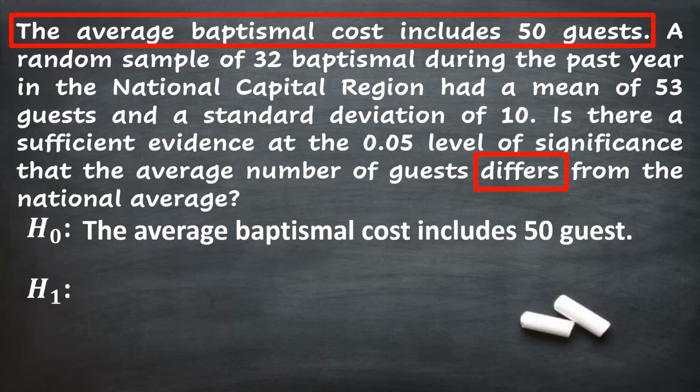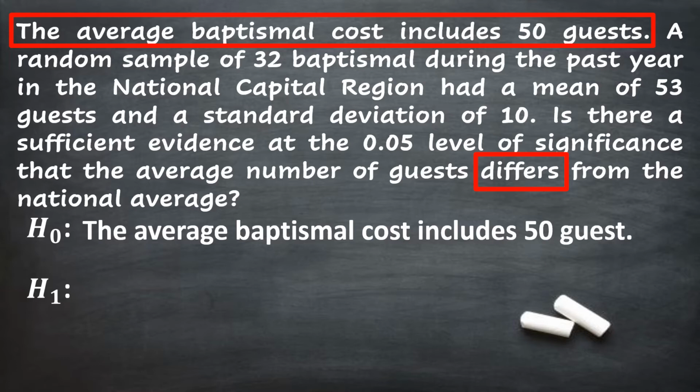We all know that the alternative hypothesis is the opposite of the null hypothesis. So in formulating this one, we will use the second clue that we saw in the question part of this word problem, which states: is there sufficient evidence at the 0.05 level of significance that the average number of guests differs from the national average.